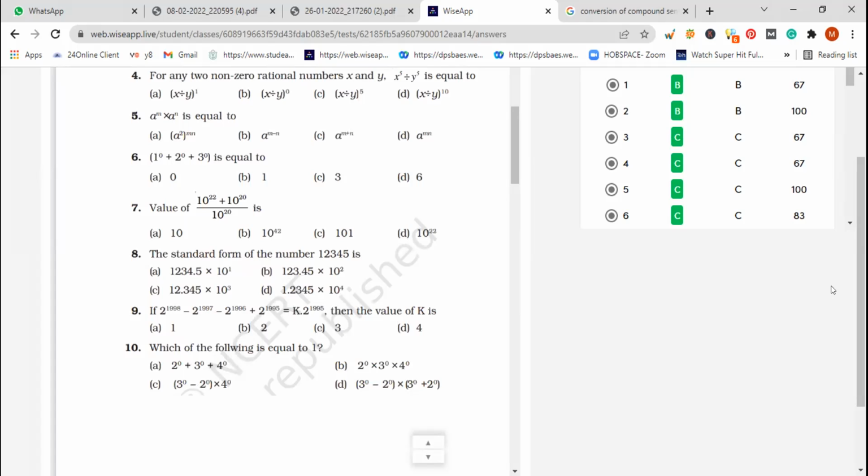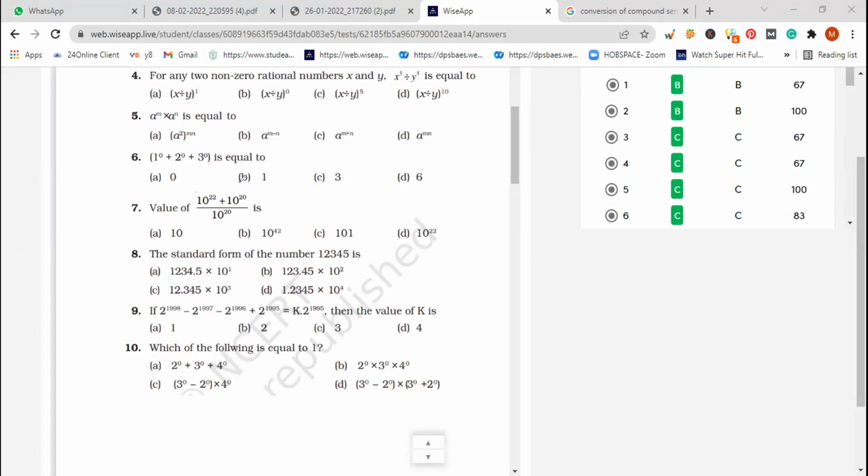Ma'am, first we have to add the powers. We can't add the powers. They are not in a multiplication; they are in an addition. If there is a multiplication between two numbers, then only we can add.